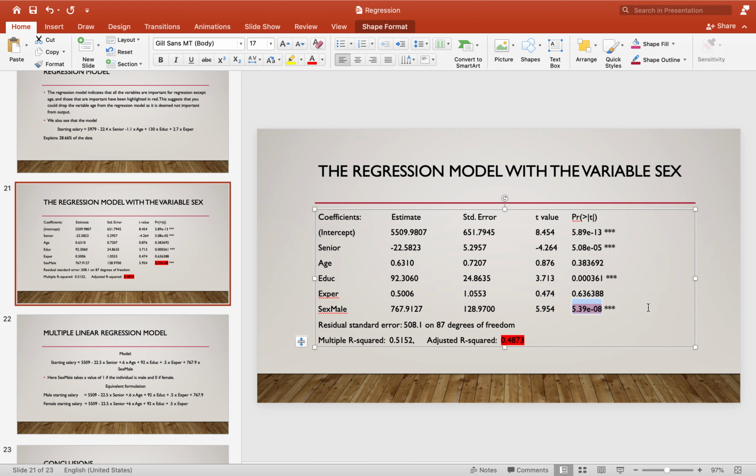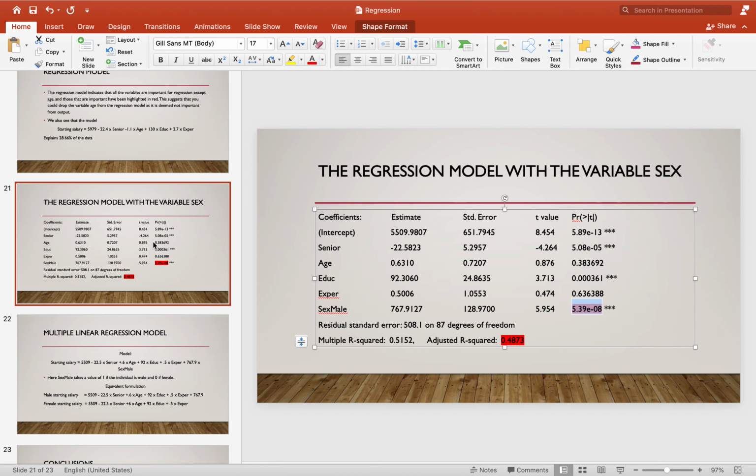It also explains 48% of the data based on the adjusted R squared. That's a bump of about 20%. So just by including one more variable, which has a p-value that says that you should include it for predicting starting salary, and it explains 20% more of the variation in the data, it seems like the variable sex needs to be used for determining starting salary.